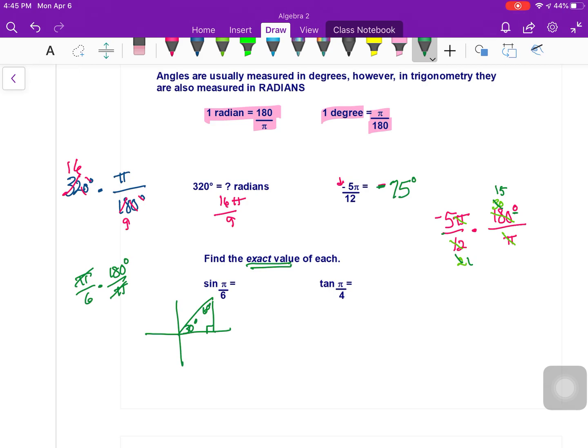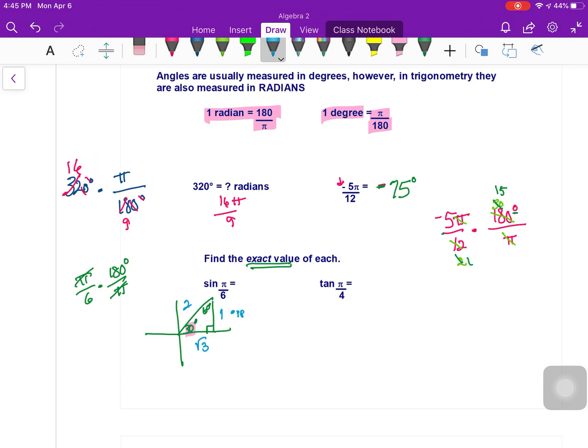So this is my 60 degrees. So this one is my theta. My theta is always down here inside the angle. So that gives me 1 across from the 30, square root 3 across from the 60.